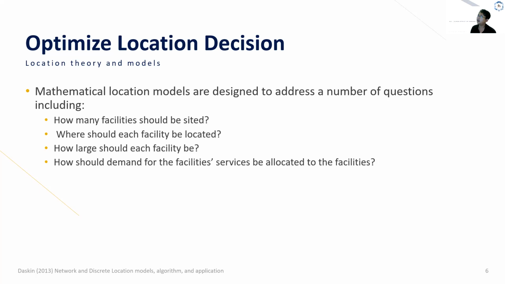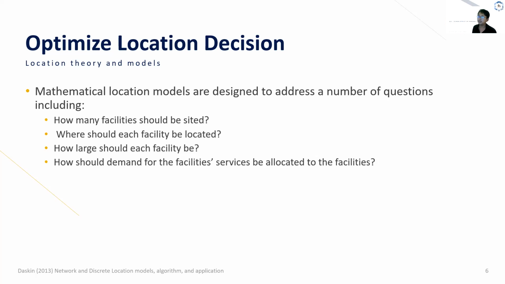For example, recently what I saw is Shopee or JD now opening more facilities to serve the east part of Indonesia. So it means they are trying to reach more customers by investing in those facilities.